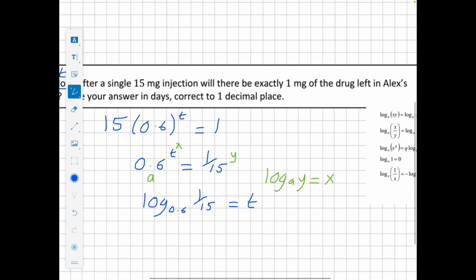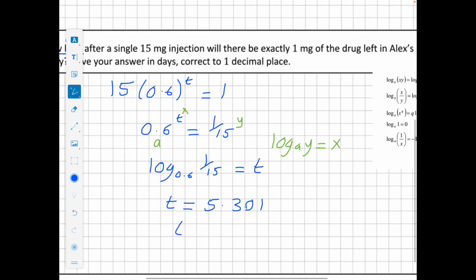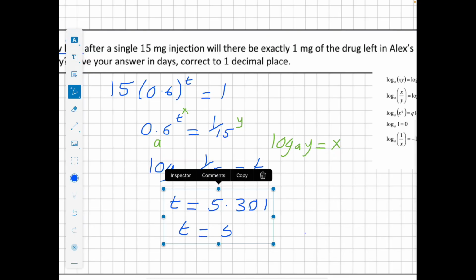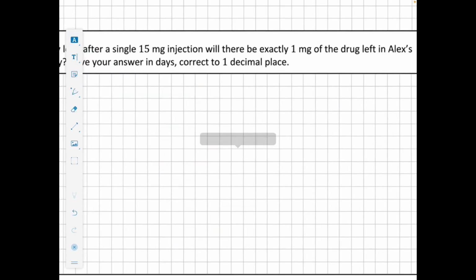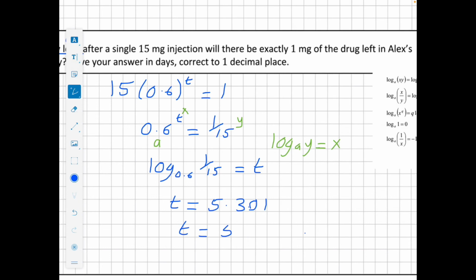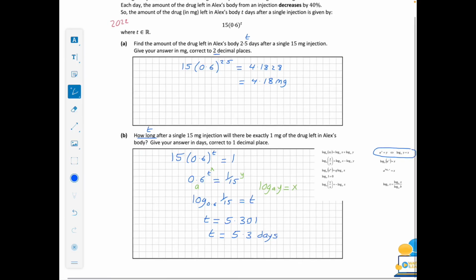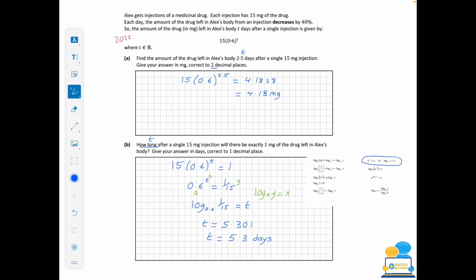Log to base 0.6 of 1 over 15, so t is equal to 5.301. It says to one decimal place, so t is equal to 5.3 days. So after 5.3 days, there'll be exactly 1 milligram left.